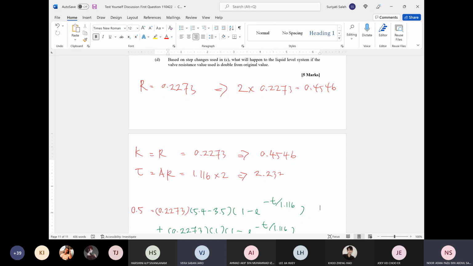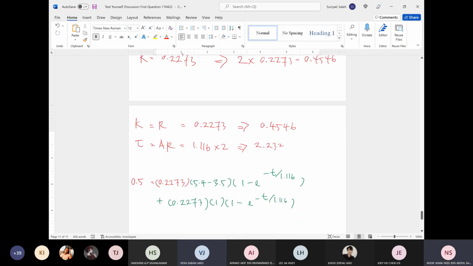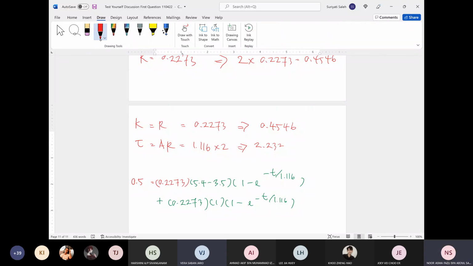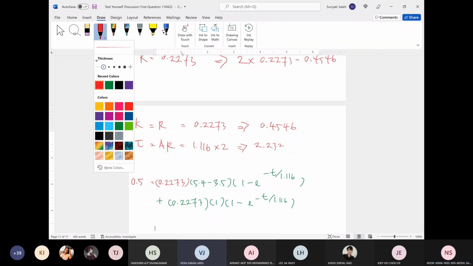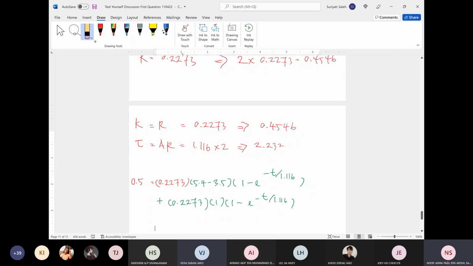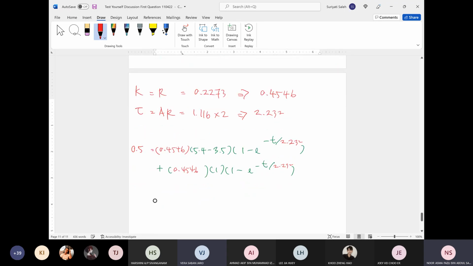So what we can do is to substitute again inside our equation. So here, this one, and this one. So we put 0.4546, 2.232, 2.232. And then this one 0.4546. Why do I change the value?